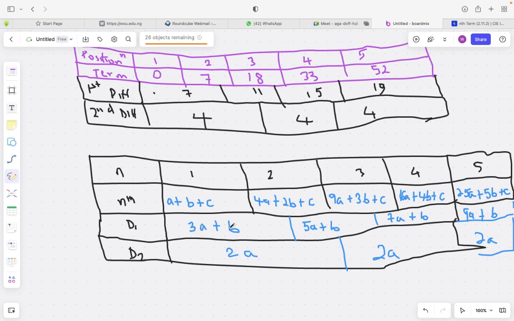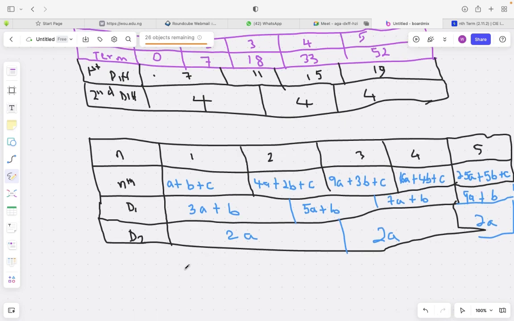And 3a plus b is equal to 7, because remember, this is the first difference here. Now let's find a. 2a is equal to 4. a will be 4 divided by 2, which is 2. So we found a to be 2.